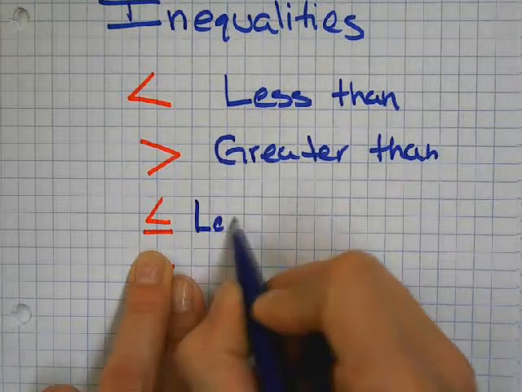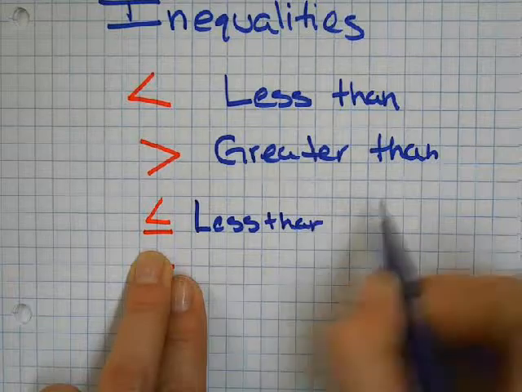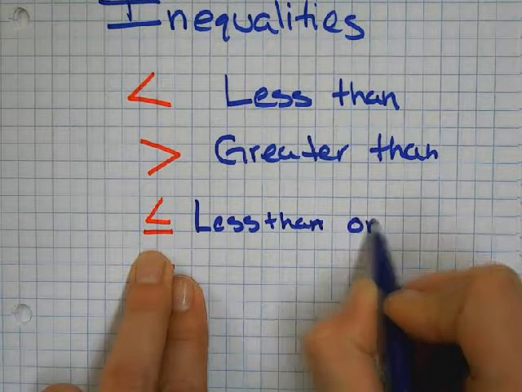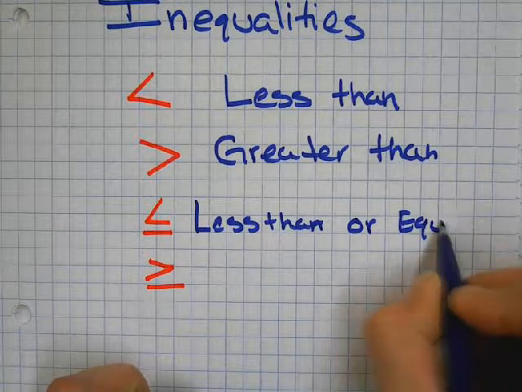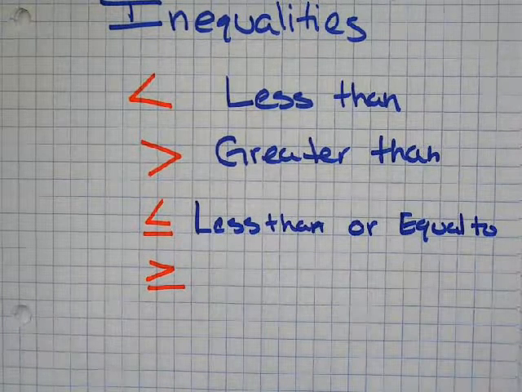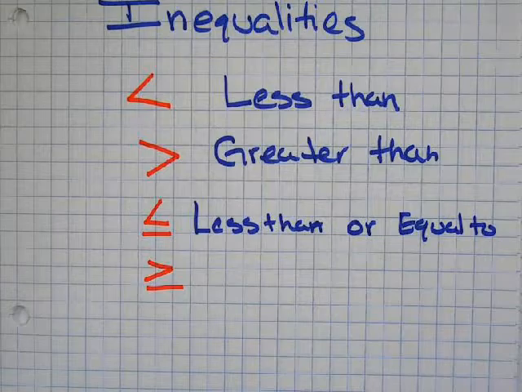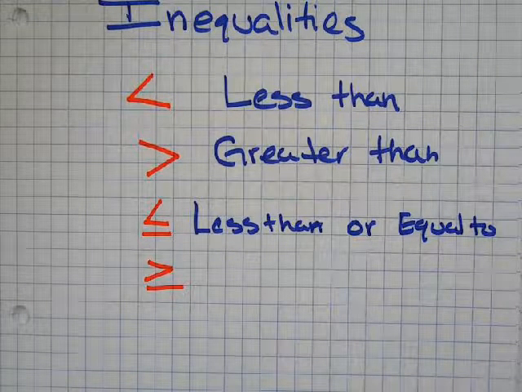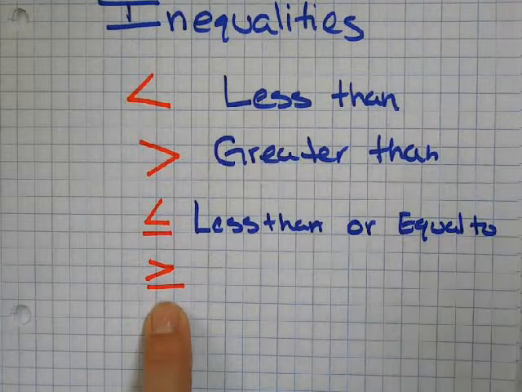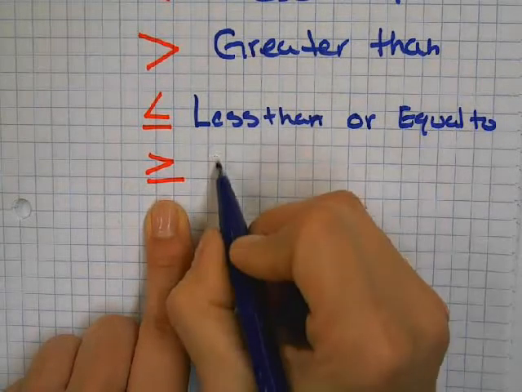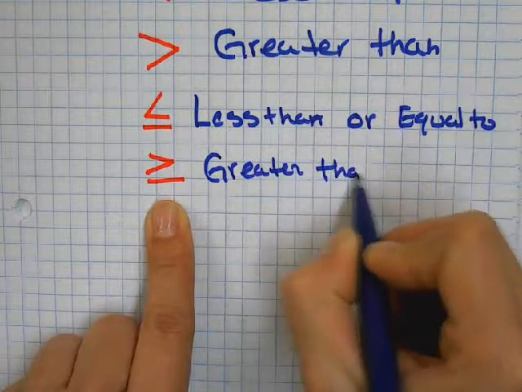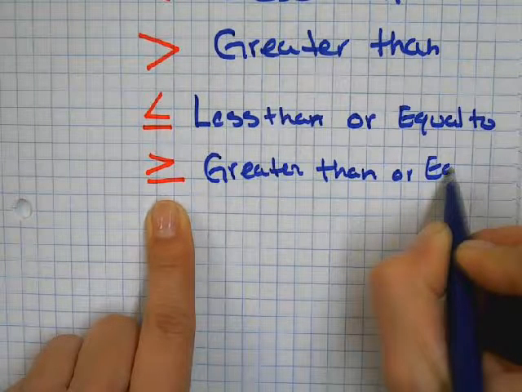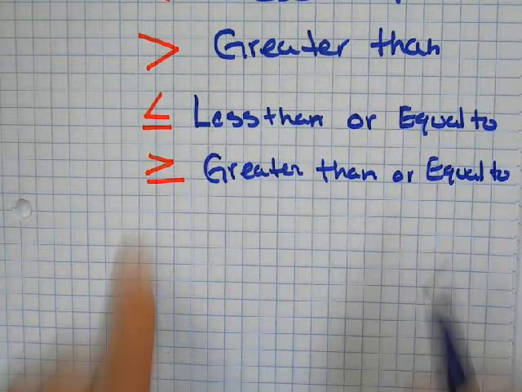It starts off being less than, but then it also says or. Less than or equal to. Okay? So it has less than or equal to parts. So what do you think we call the last one? Good. Greater than or equal to.